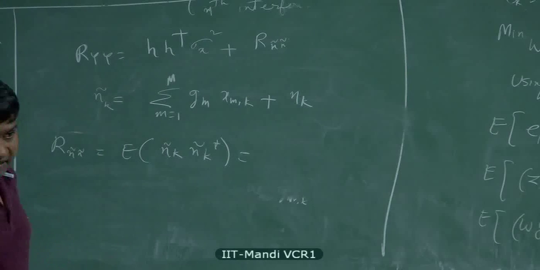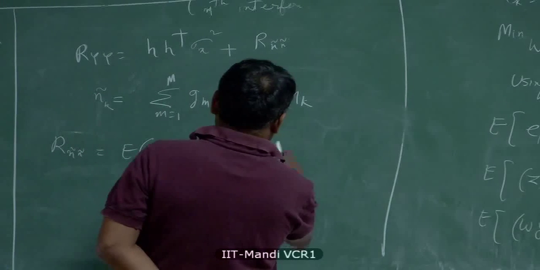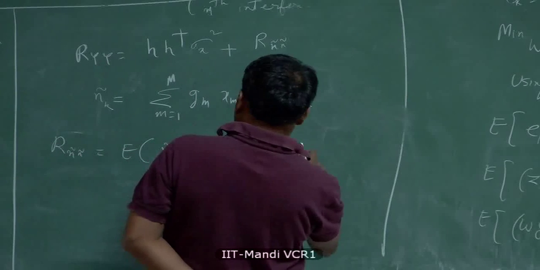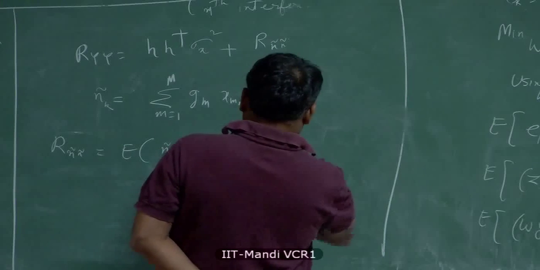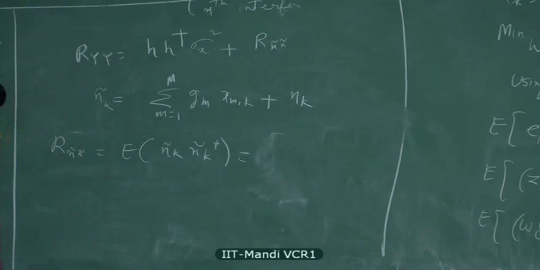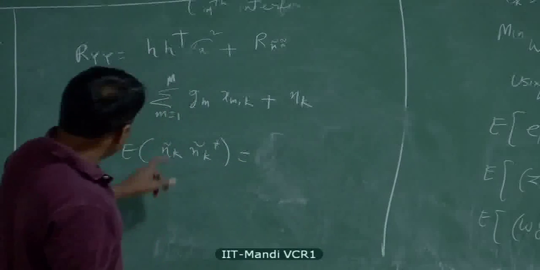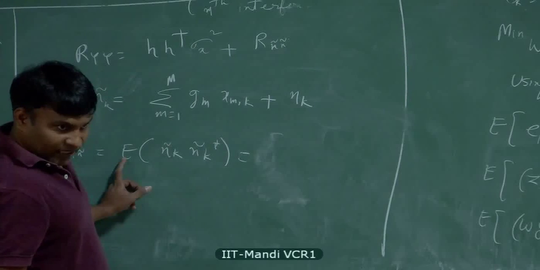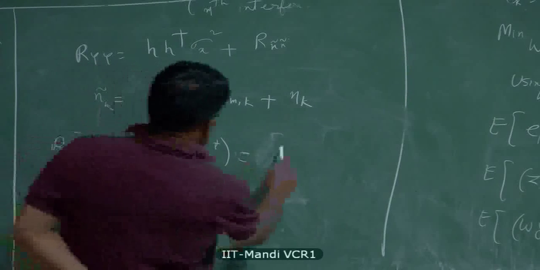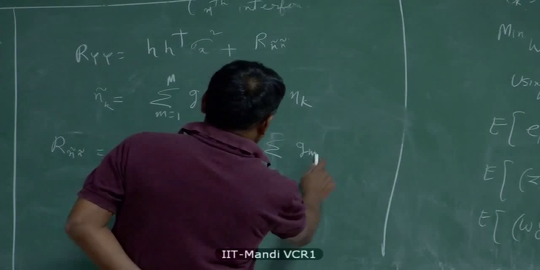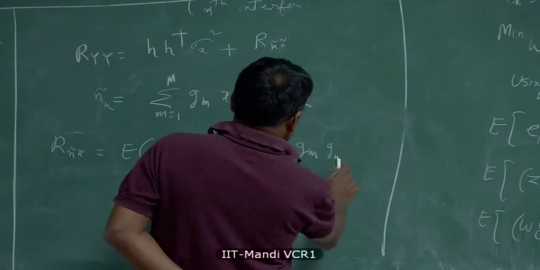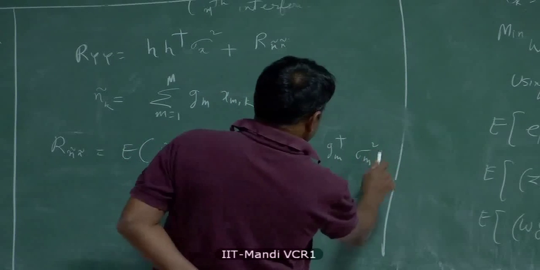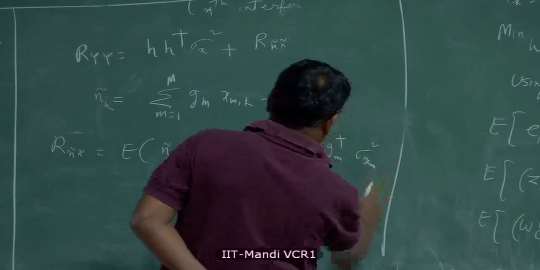Okay, let's evaluate what it is. That is equal to the expected value of this whole thing. I'll write the answer directly because I don't want to write a long expression here. n tilde k multiplied by n tilde k Hermitian, and take the expectation. Okay? Just see. You will get the expected value of gm Hermitian sigma m square sigma xm square.